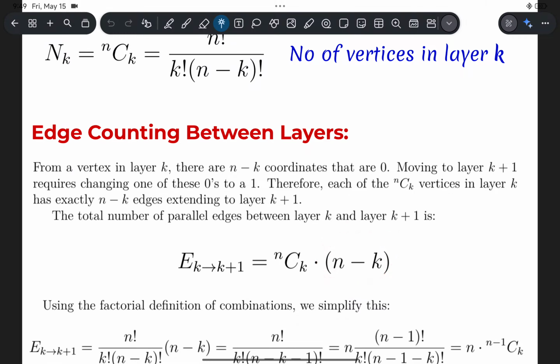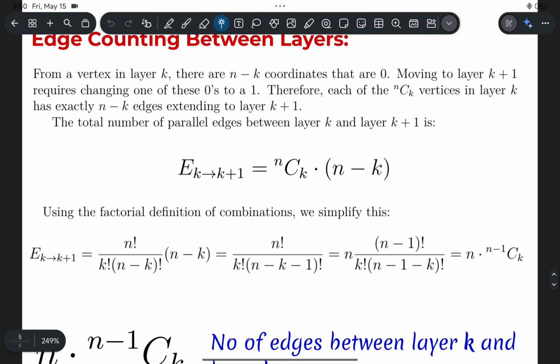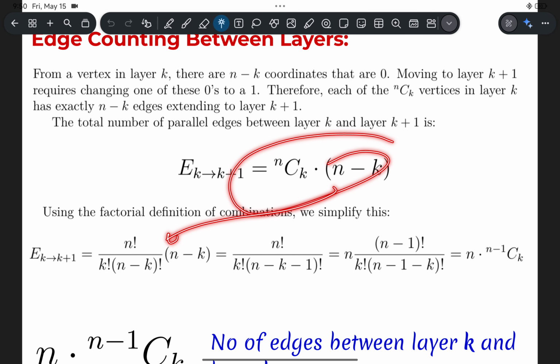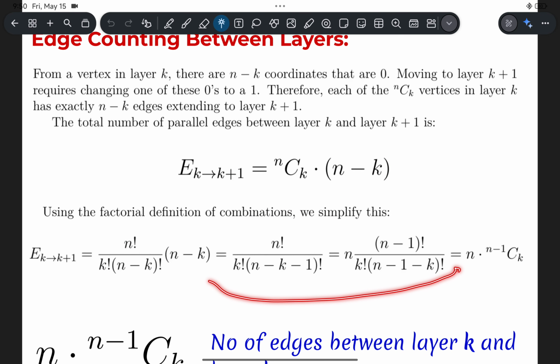Because k was the number of ones that we are taking. k is the number of ones, n minus k is the number of zeros, nCk is the number of nodes that are present. So these are the number of edges that are present from the kth to the k plus 1th layer, and all these are going to be parallel. And this one I have simplified a little bit using the nCk formula, n factorial by k factorial into n minus k factorial. So with some small rearrangement, I got this: n into n minus 1 Ck.